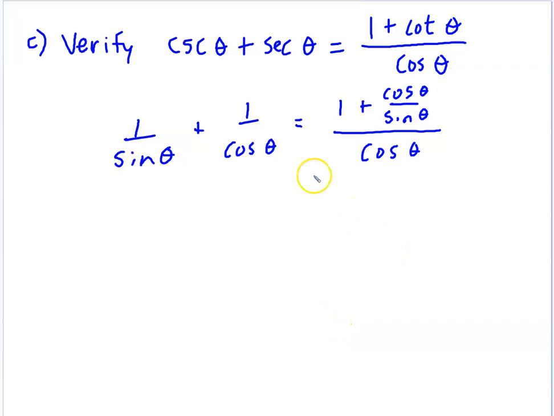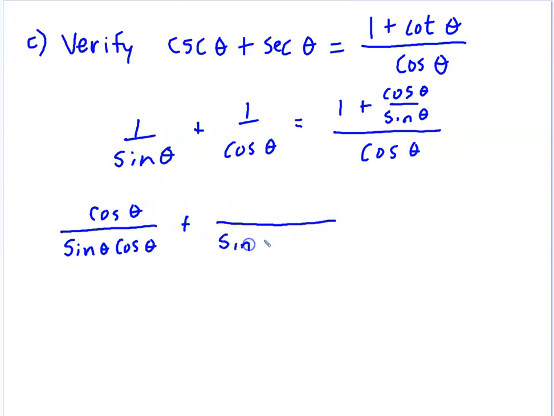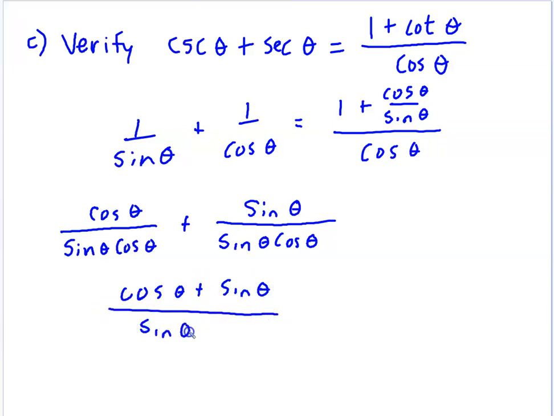Okay, so if I get a common denominator, which would be sine times cosine, then this would be cosine theta. And this would be sine theta. So the left side would be just cosine theta plus sine theta all over sine theta cosine theta.